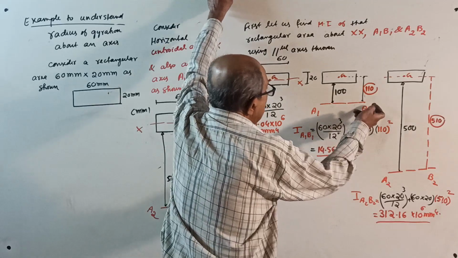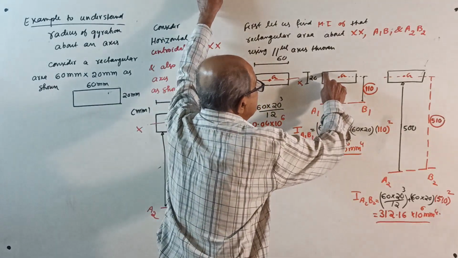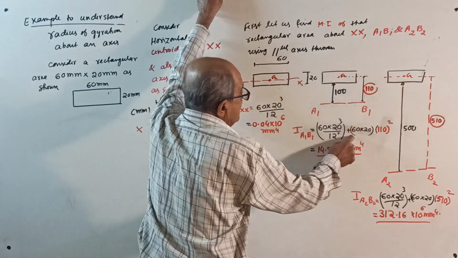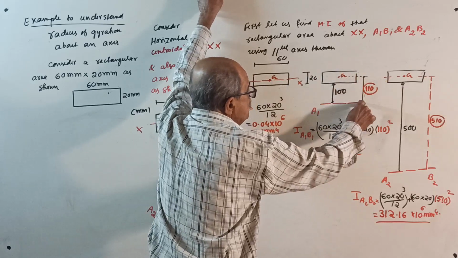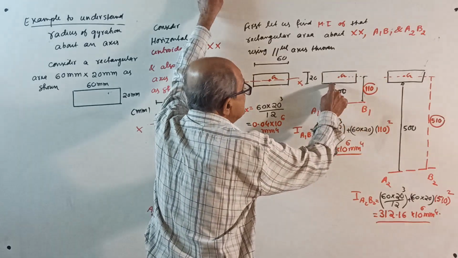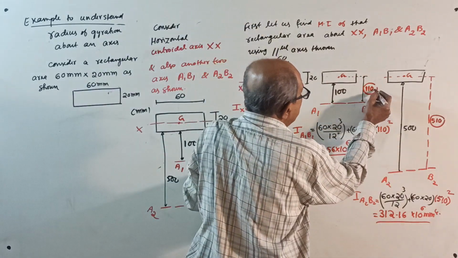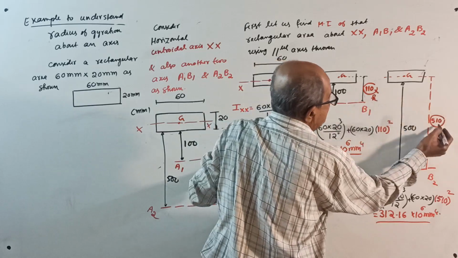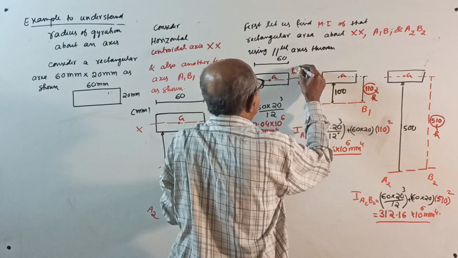Now, I about A1, B1. See, we shift it by 100 millimeter. 60 into 20 cube by 12 plus area into the distance square from centroid to the required axis: 100 plus half of 20 is 110. This is your H. Here, your H equals 0.